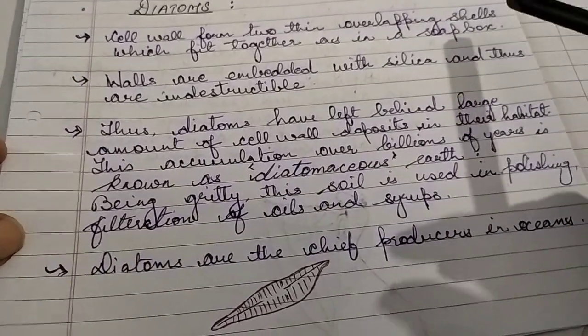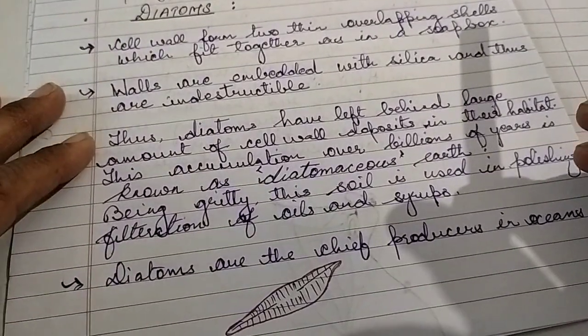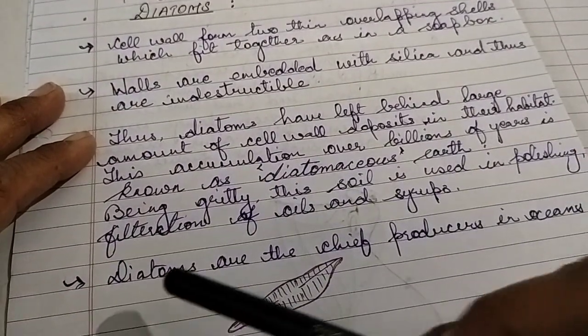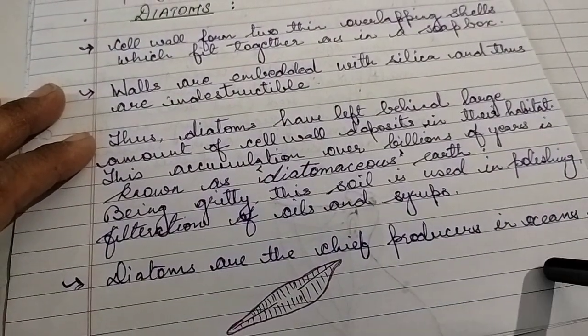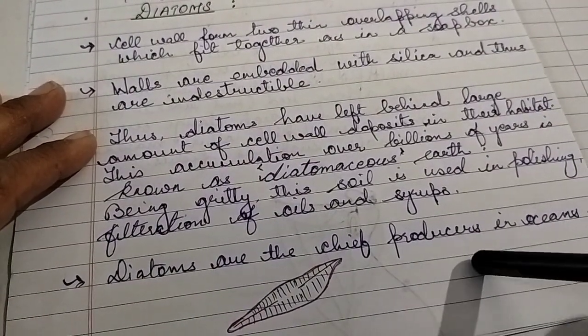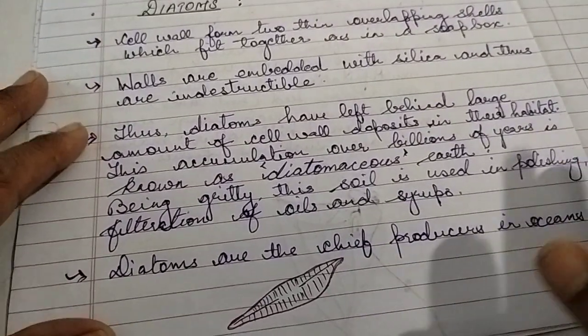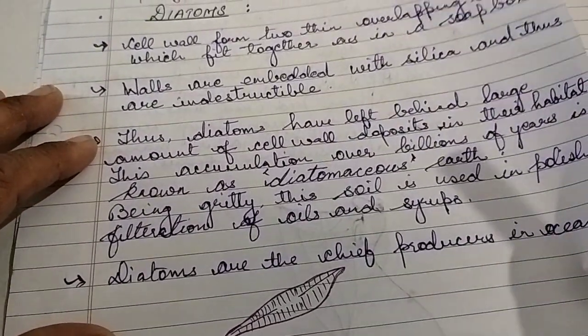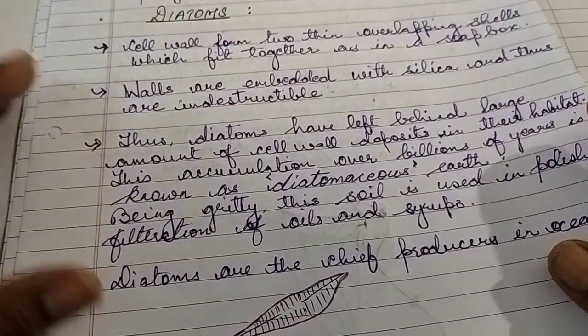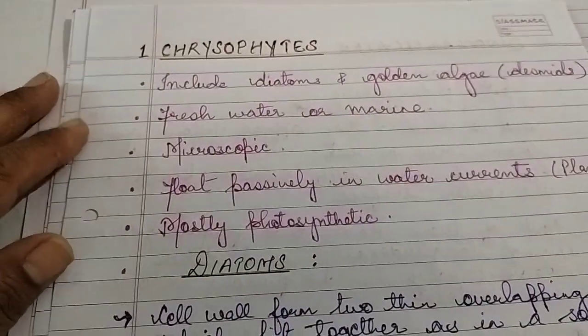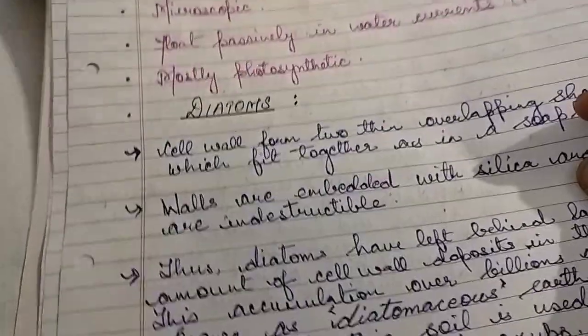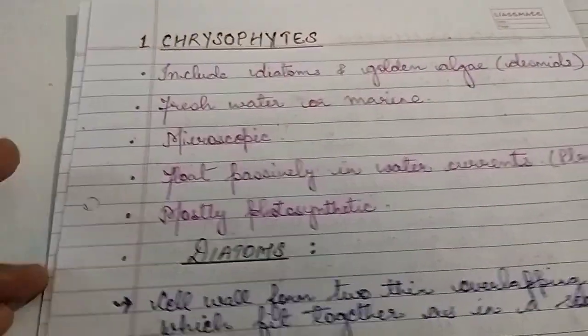Mainly in every habitat, plants are the producers. But what about diatoms? In oceans, diatoms are the chief producers. This diagram will let you understand somewhat their body shape. So these are diatoms. Diatoms are grouped under chrysophytes.